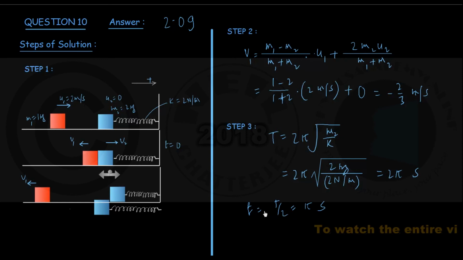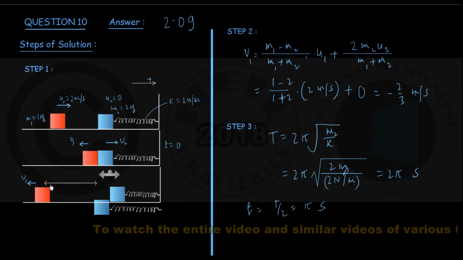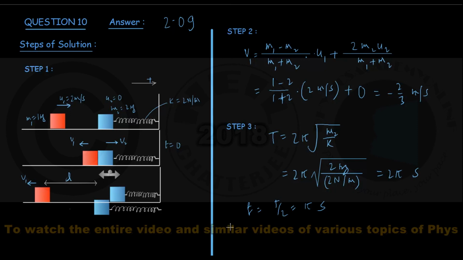And in this time, how much has this block 1 traveled from the place of collision? We're talking about this distance. Collision took place here and the block has now gone here. And this distance is the distance between the two blocks now.